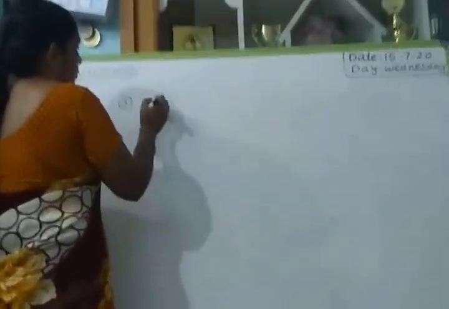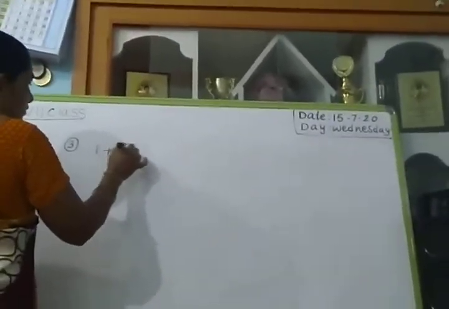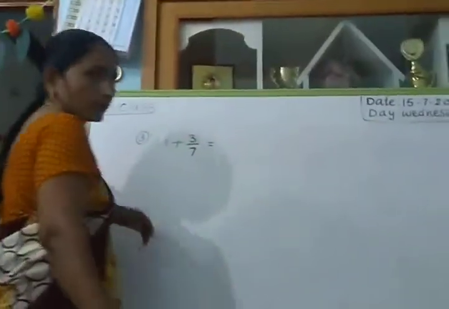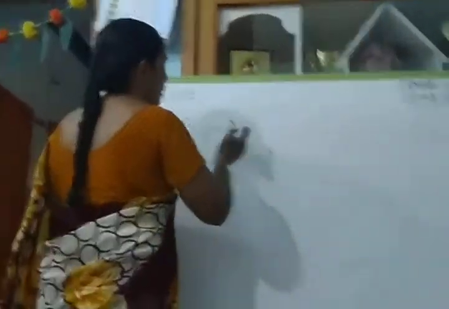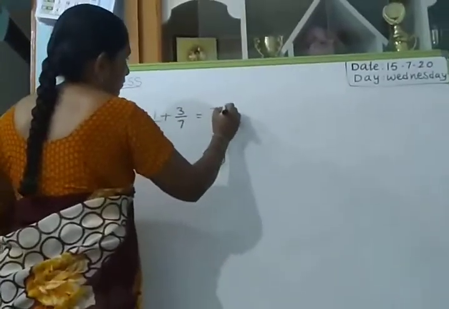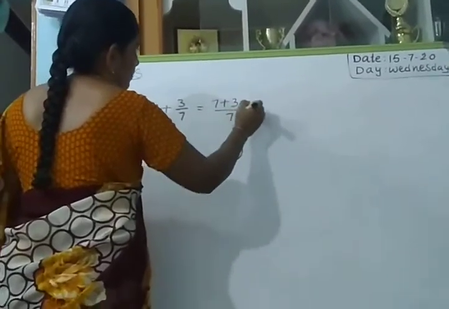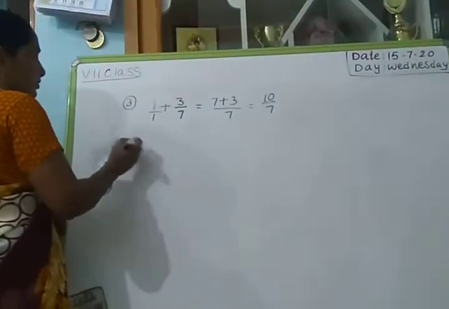For example, 1 plus 3 by 7. 1 means 1 by 1. So with 7 we can directly multiply. 7 ones are 7 plus 3 by 7, 10 by 7. Like this.